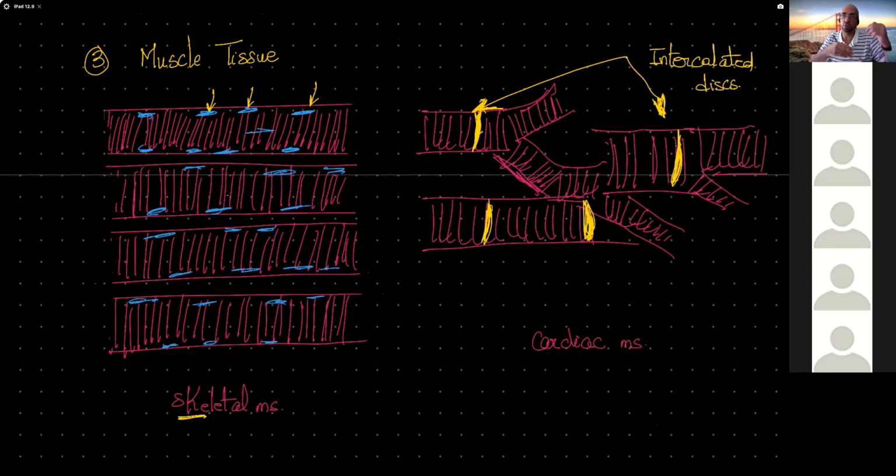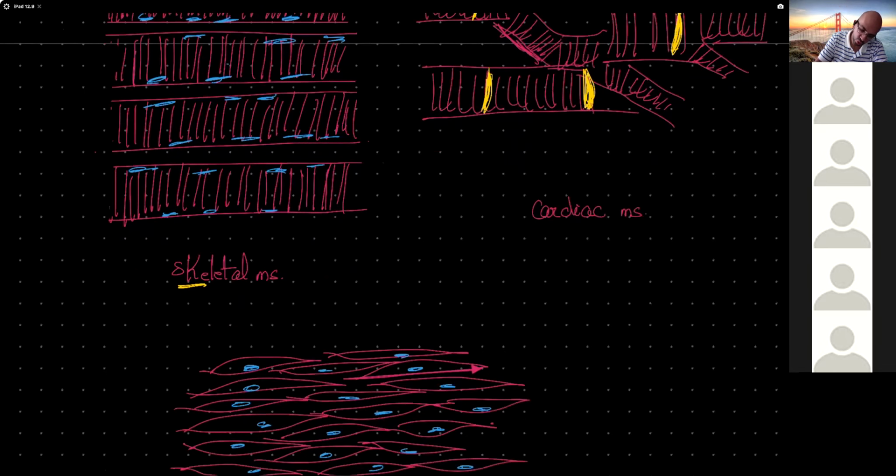It's located in the skeletal muscles under voluntary control. And the skeletal muscles are either attached to bones or attached to skin. Why to the bones? To allow movement. Why to the skin? For facial expression.